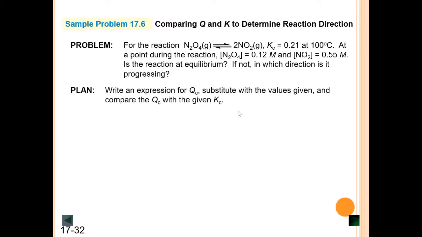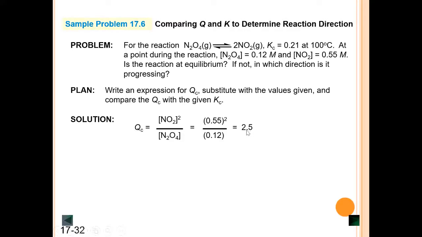The Qc expression is equal to the concentration of NO2 to the power of 2 divided by the concentration of N2O4 to the power of 1, which is equal to the values given to us: 0.55, the concentration of NO2, to the power of 2, divided by 0.12 to the power of 1. Then we get the value of Qc as 2.5.